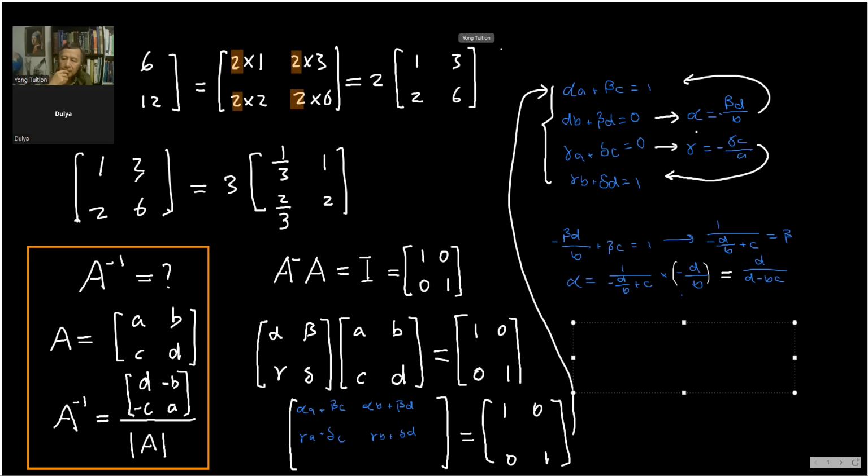Doesn't look correct. How can we just double check the beta? It's the first equation, alpha is solved, alpha equals negative BD divided by B.